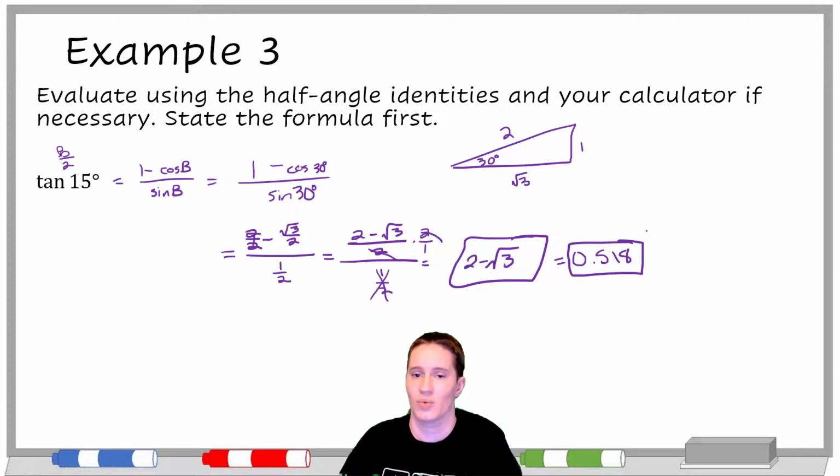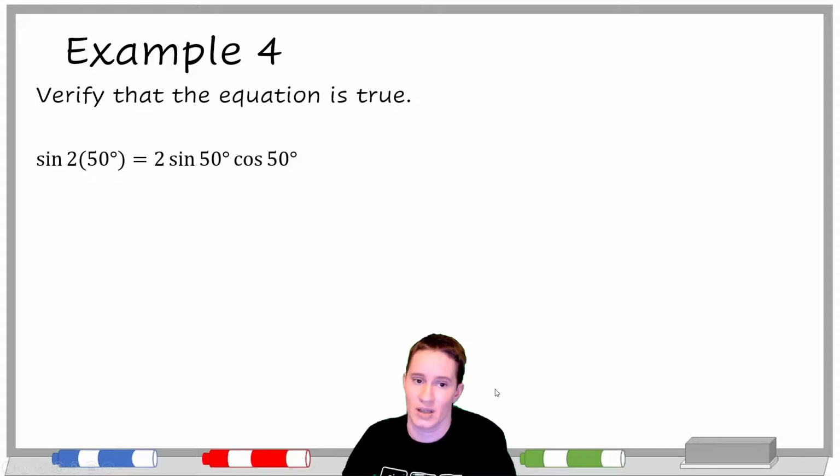Let's look at one where we're using double angle identities. So this says verify that the equation is true. I know that it's using the double angle identities because of this 2 in front of my angle. So this is basically saying that sine of 100 degrees equals 2 sine of 50 times cosine of 50.